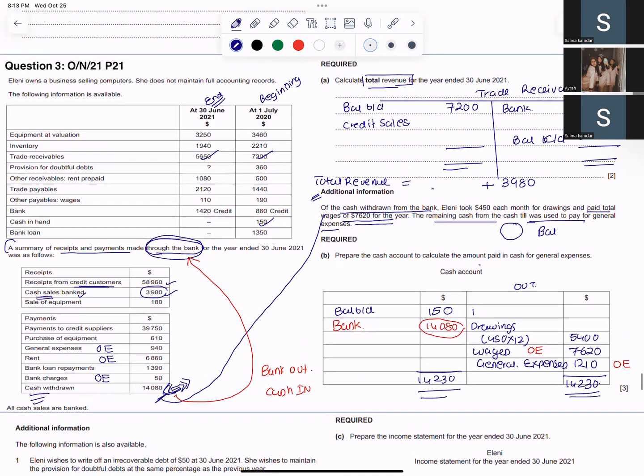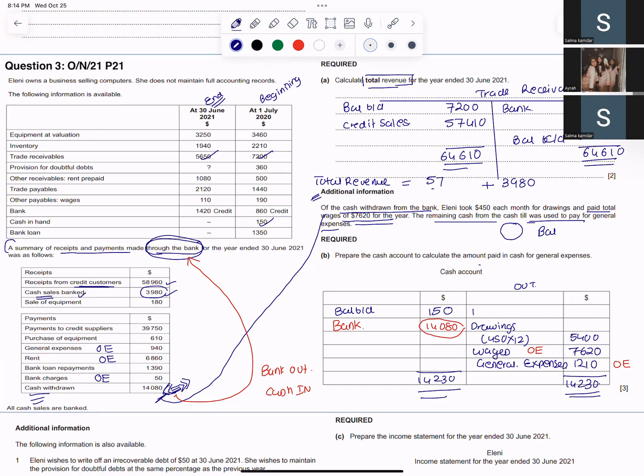There is no other information. So what is the credit side total of my trade receivable account? 58,960 plus 5,650 is 64,610. From that you will deduct 7,200, which gives 57,410.